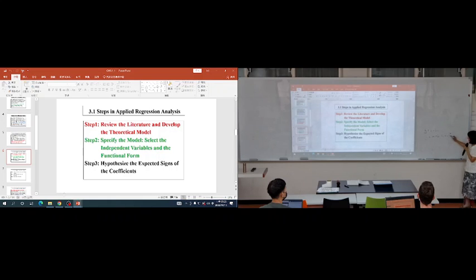This is x1. What's the difference between these two equations? There's one more variable in the second. Sure, but this is called a different functional form. If I say y is a plus b x2, is this the same as this one?